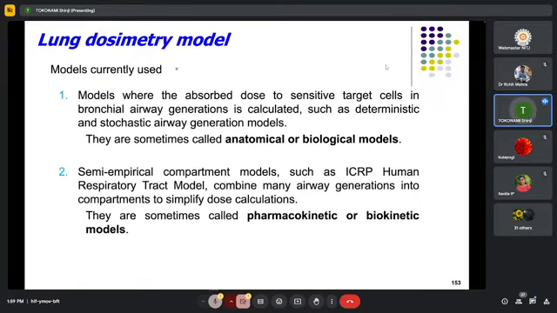There are models currently used. Models where the absorbed dose to sensitive target cells in bronchial airway generations is calculated, such as deterministic and stochastic airway generation models. They are sometimes called anatomical or biological models.